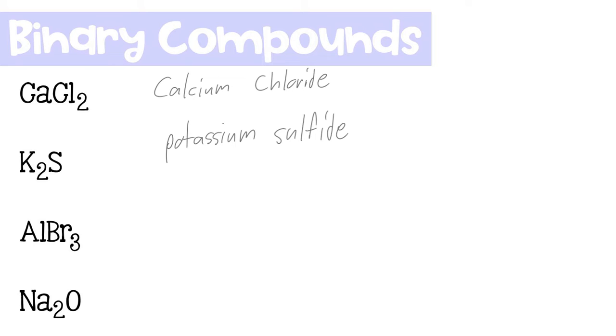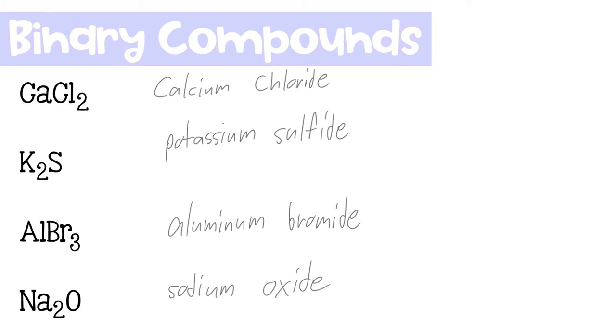The Al is aluminum and the Br is bromine, so we change it to aluminum bromide. And then lastly, we have Na is sodium and O is oxygen, so it becomes sodium oxide.